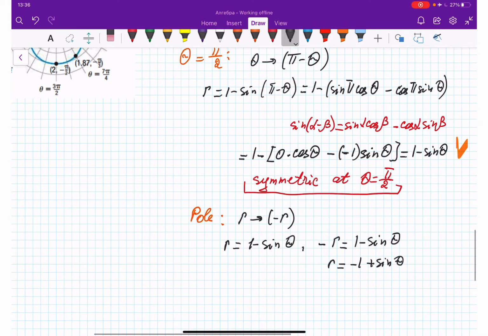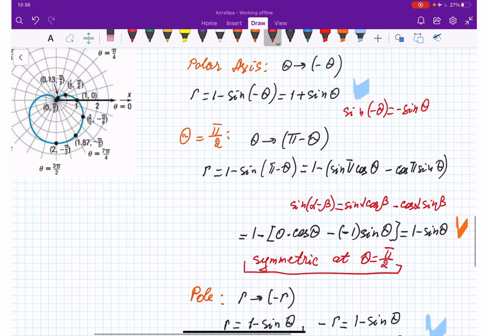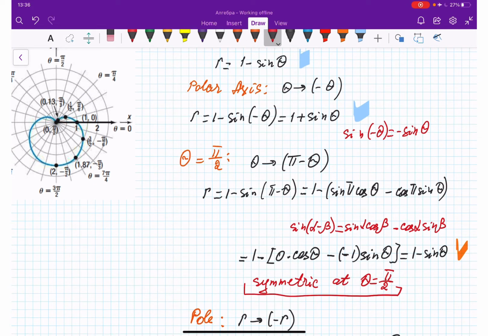The test fails. I could write down failed the test. Failed here and failed here.